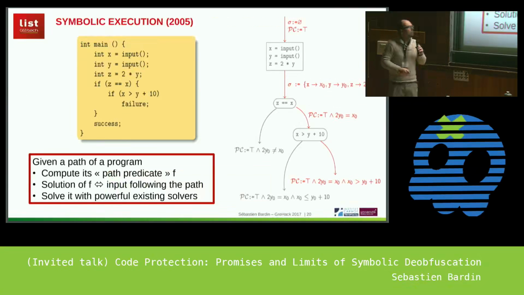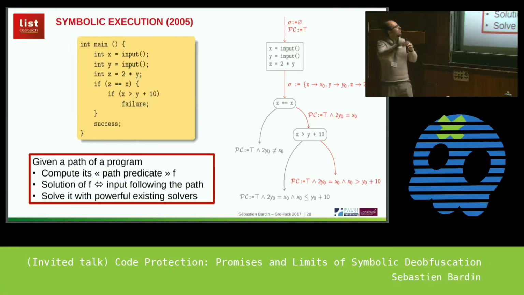The idea is to realize that proving a program in an automatic way is very complicated. But if you don't want to prove the program, let's say you just want to explore it. If you have a program and you would like to reach a failure, then you take a path in your control flow graph which arrives at failure.